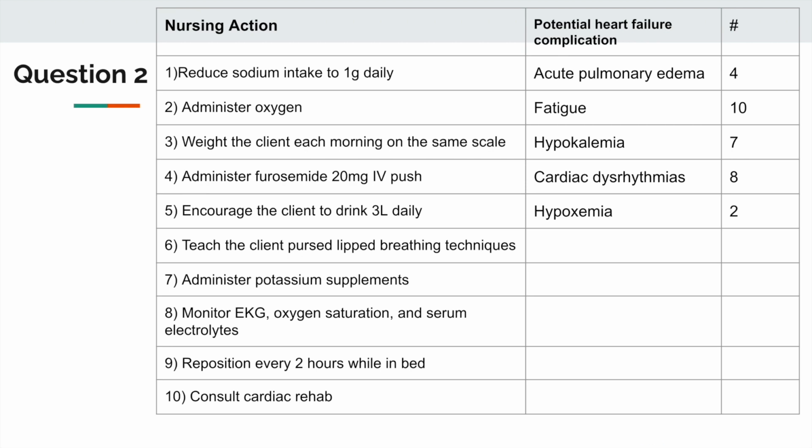Monitor oxygen saturation, because anytime the heart is in demand, is hypoxic, it can cause arrhythmias. And then serum electrolytes can also cause dysrhythmias. Last one, hypoxia. If they're low in oxygen, we can replace or give that oxygen therapy, administer oxygen. So I think this one's pretty straightforward.